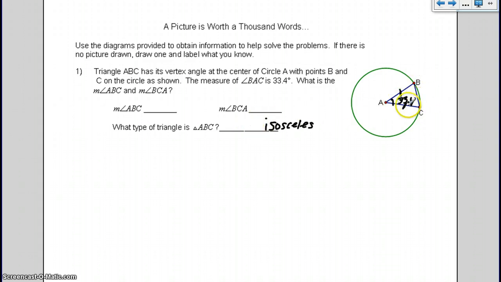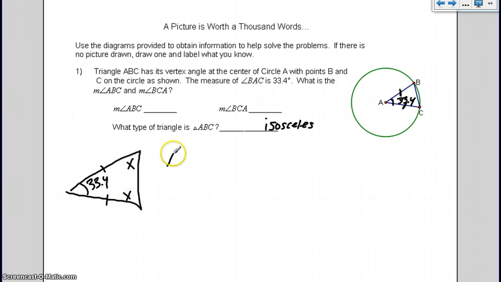If I have 33.4 and the rest of them, well, let's find the rest of them first. Let's just redraw the triangle. That's the best way to do it. This is 33.4. These are the same. If these are the same, then I know these are the same.